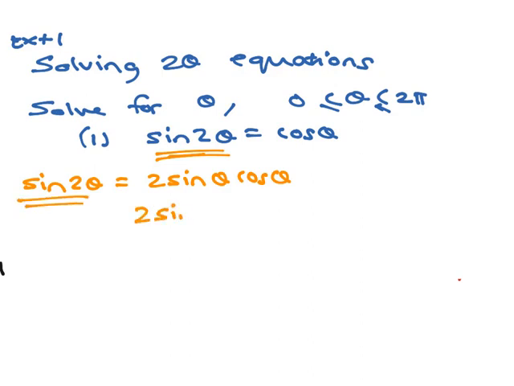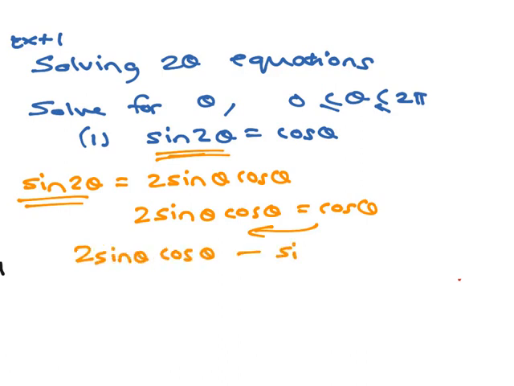So sine 2 theta is 2 sine theta cos theta, which equals cos theta. With any equation, it's always good to bring it to one side and factorize. So that should be minus cos theta. There's a common factor of cos theta, so we take that out.